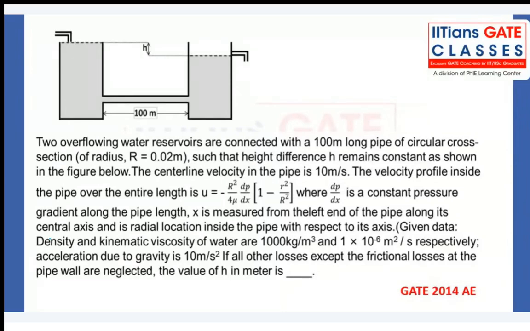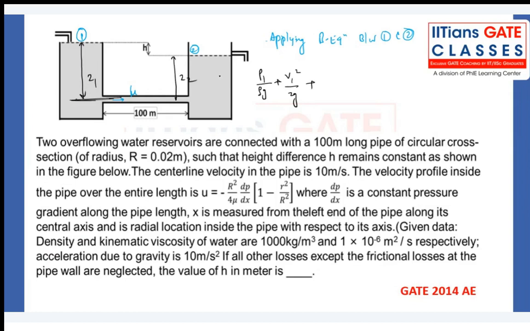So what you do, we can apply the Bernoulli equation between 1 and 2. Of course, we have a fluid which has some viscosity, so we have to apply the modified Bernoulli equation. P1 by rho g, V1 square by 2g plus the reference height, suppose from here to here, let's say Z1, and here to here, that is Z2, plus head loss due to friction.